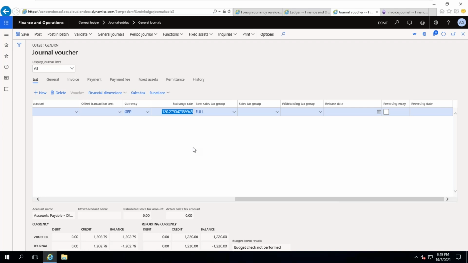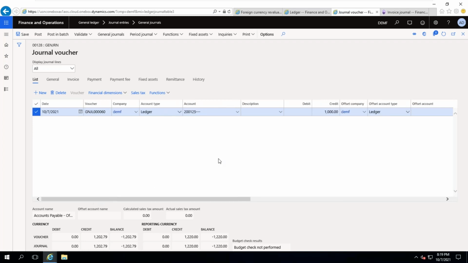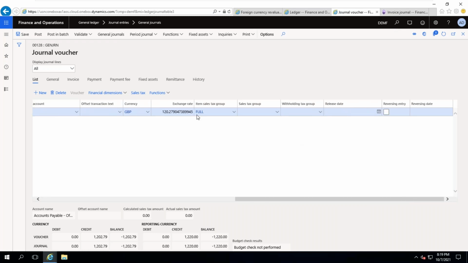Understood? Particularly for junior people, it is a little bit complex to understand. For senior people, they can understand. Here the transaction is posting in this DEMF company as 1000 GBP, not euros. Actually this company's currency is euros, but we are posting GBP.